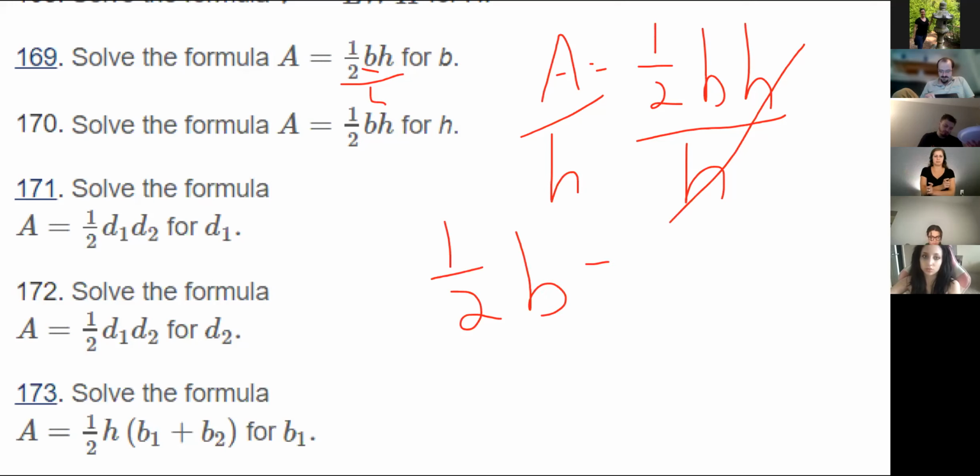Hopefully that's not too quick. Does everybody see how I'm getting that? Hopefully. I think it's my own personal bias probably coming in. I like to solve for the things on the left side.